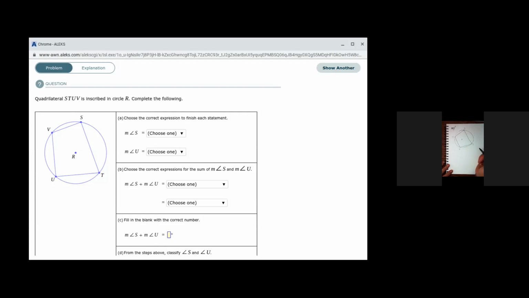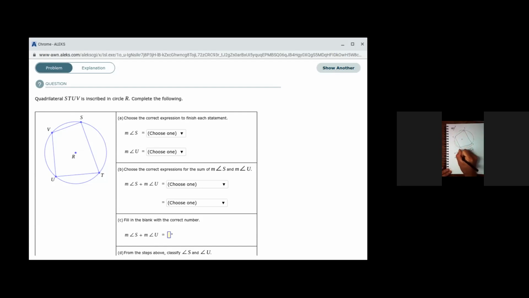It says the measure of angle S is equal to, we don't know anything about the measure of angle S. I mean, we know it's an inscribed angle because all of its vertices are on the circle. Oh, so we know that it is half of this arc right here. So the measure of angle S is equal to 1/2 the measure of arc TUV.